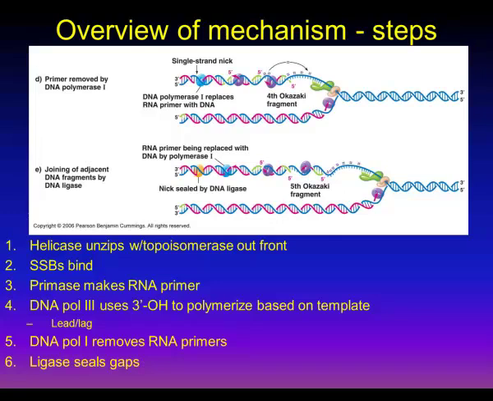This happens with topoisomerase binding out ahead of the replication fork to relieve that supercoiling we just talked about in the previous slide. Right away, the single-stranded binding proteins bind to keep the DNA from renaturing. RNA primase then makes a primer, and then DNA polymerase uses the 3' end of this primer to add nucleotides to it, using complementary base pairing as a guide.